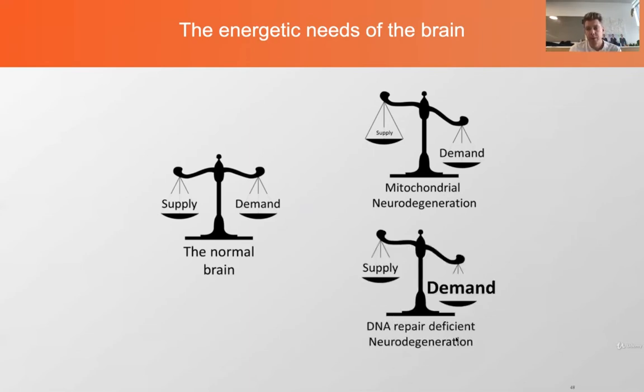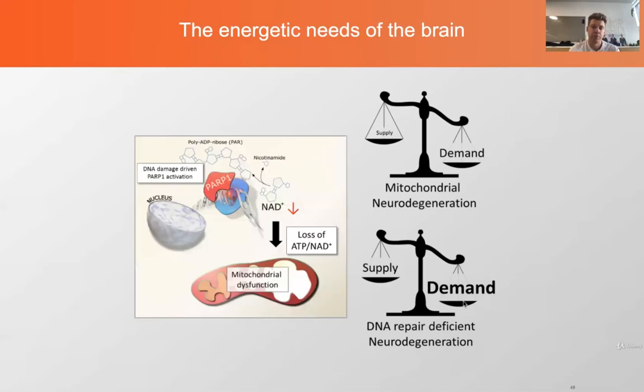In DNA repair deficiencies, the mitochondria seem to be okay actually, and membrane potential is even increased, but the demand seems to be much higher. So even though you're trying to compensate, you cannot meet the demand of the brain. And so to recap, you have DNA damage in the nucleus, you get PARP activation, and you cannot shut down PARP, which means that you're losing ATP and NAD, and then you get mitochondrial dysfunction.